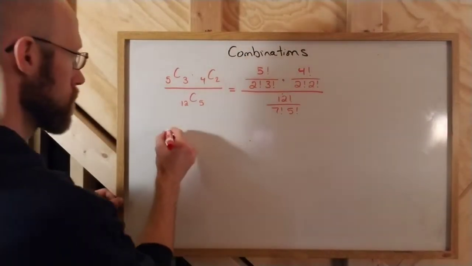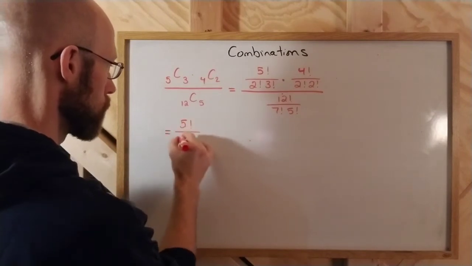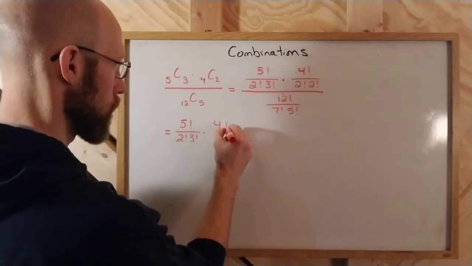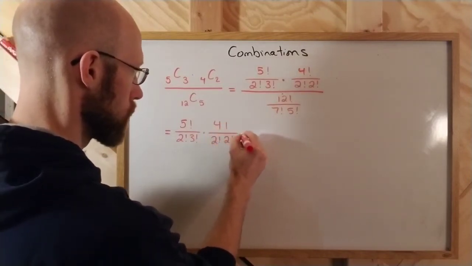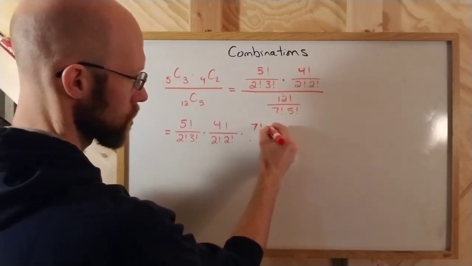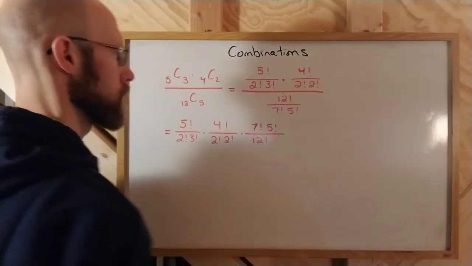So I might write this out as 5 factorial over 2 factorial 3 factorial times 4 factorial over 2 factorial 2 factorial times, now this last fraction I'm going to flip, so it's 7 factorial 5 factorial over 12 factorial.